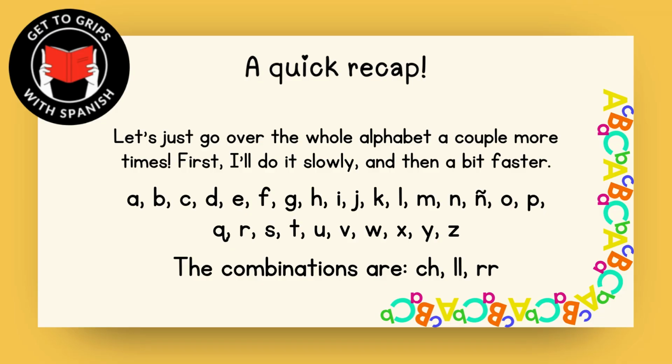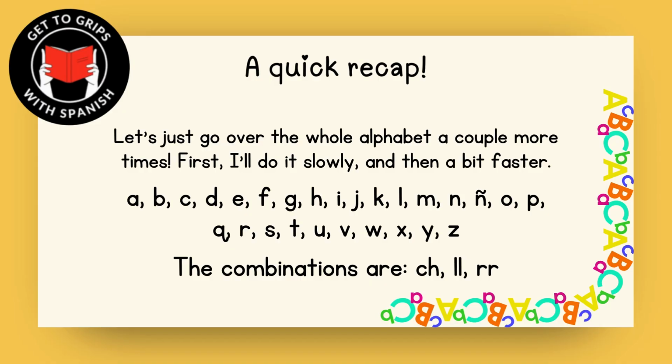Here's a quick recap. Let's just go over the whole alphabet a couple more times. First I'll do it slowly and then a bit faster. A, B, C, D, E, F, G, H, I, J, K, L, M, N, Ñ, O, P, Q, R, S, T, U, V, W, X, Y, Z. The combinations are che, elle, double R. Okay, now a little bit faster.